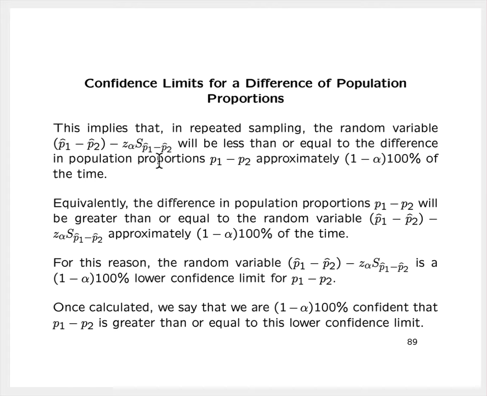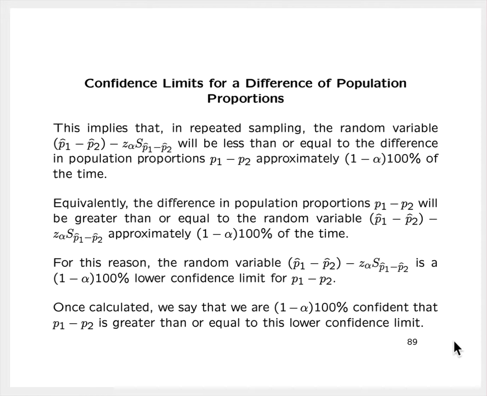Equivalently, the difference in population proportions P1 minus P2 will be greater than or equal to that same random variable approximately 1 minus alpha times 100% of the time. And so for that reason, the random variable P1 hat minus P2 hat minus z sub alpha times the estimated standard error of P1 hat minus P2 hat is a 1 minus alpha times 100% lower confidence limit for P1 minus P2.